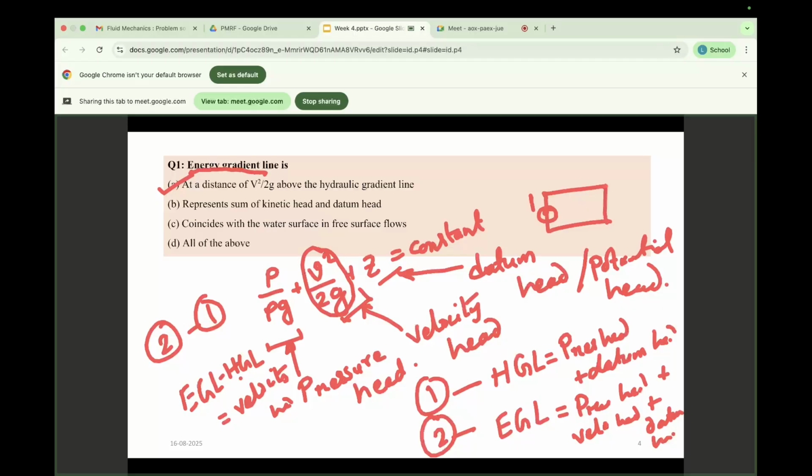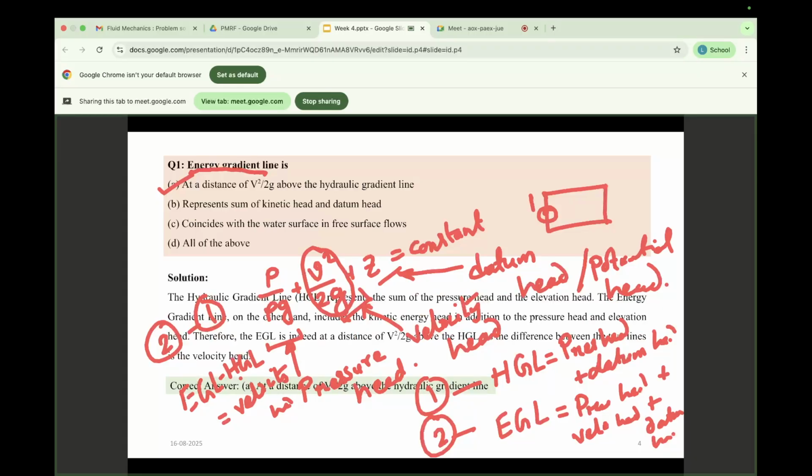Always remember, if someone asks you what Bernoulli's concept is, just tell them that the summation of the pressure energy plus kinetic energy plus potential energy at a point should be constant. That means if we take any point inside the domain, the summation of all these things should be the same. So that is the concept. So option A is the correct answer.